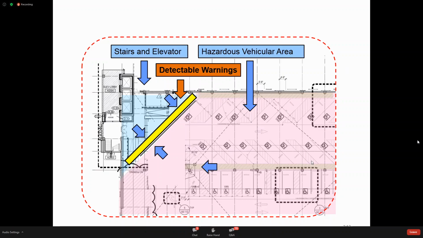Now, you could make an argument that people collect on this collector pathway and then they approach it. So maybe you could say you should put a detectable warning at that juncture there where I've got the question mark. In fact, on this project, that's what the building officials made us do. And that I can accept, not too big of a deal.